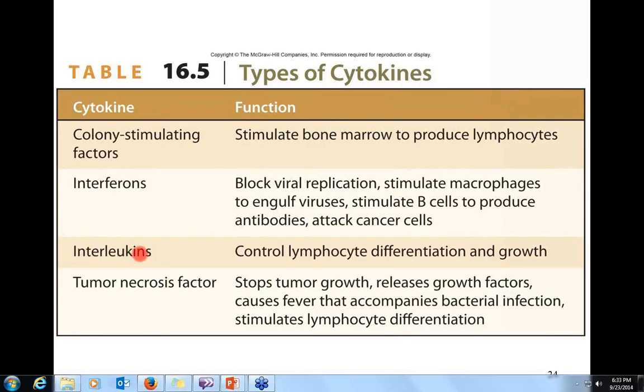That was interleukin 1, which can cause fever. But interleukin 2 is the one we're going to be talking about the most. These are going to control lymphocyte differentiation and growth. And you can think about interleukin 2 as giving your car some gas. For your car to get anywhere, you need a little gas. And that's what the interleukins help do.